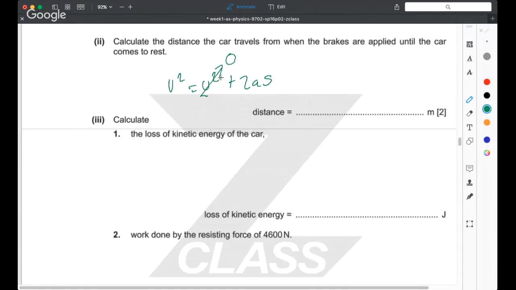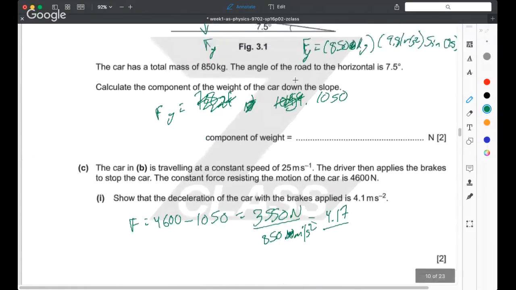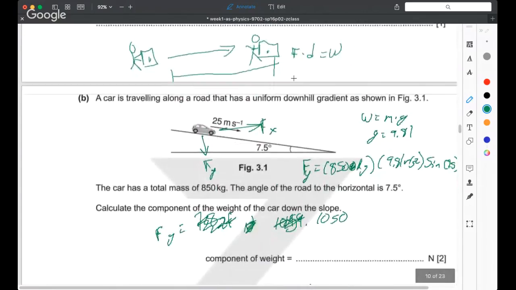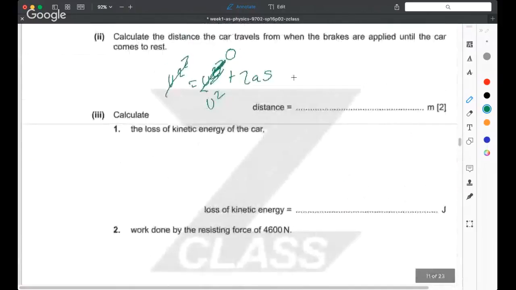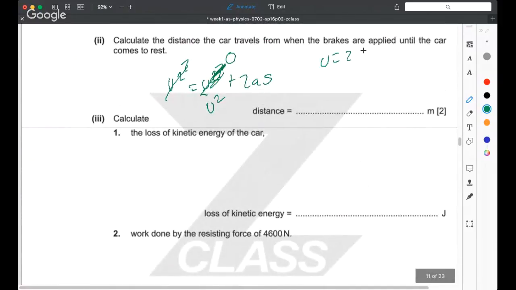No, I think it's v is 0. And then u, you're given u and a. So u is 25 and a is minus 4.1.